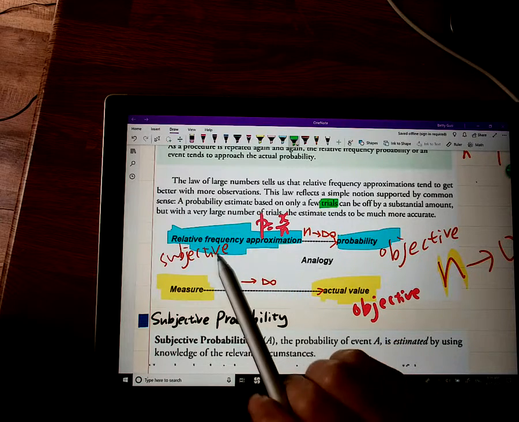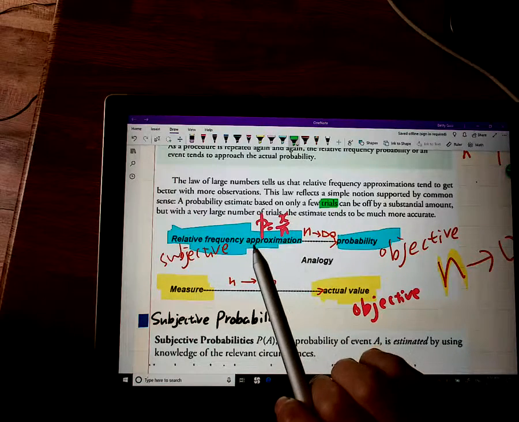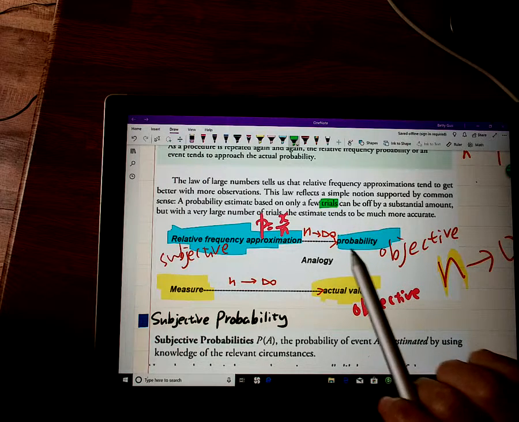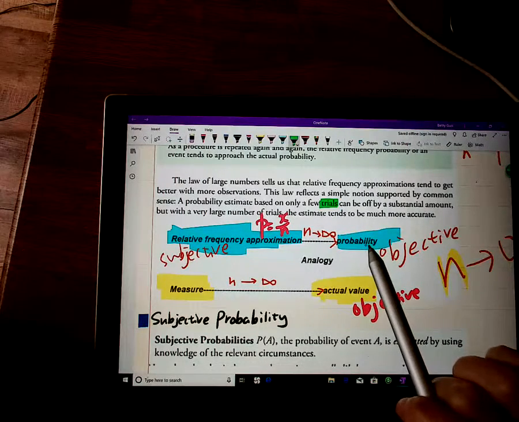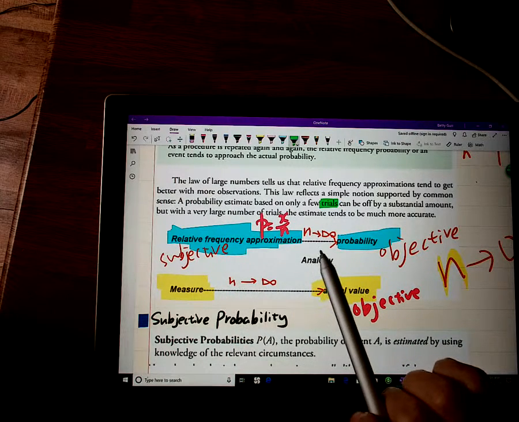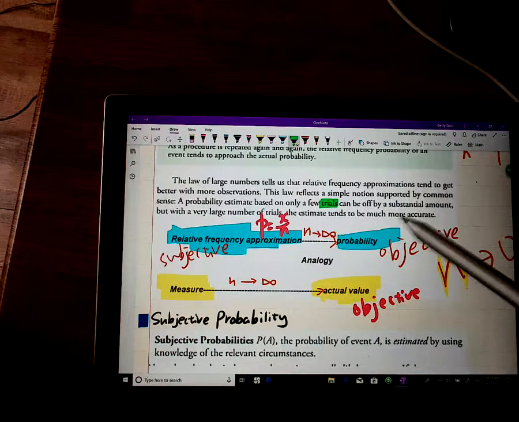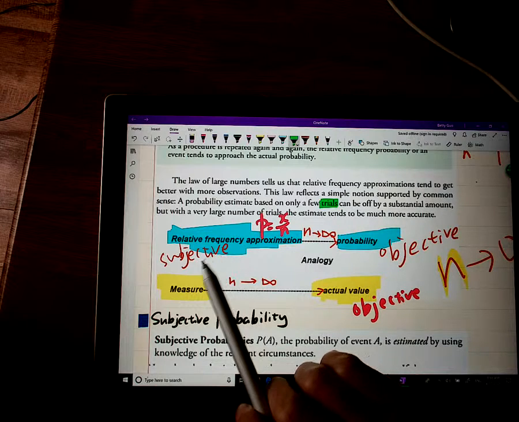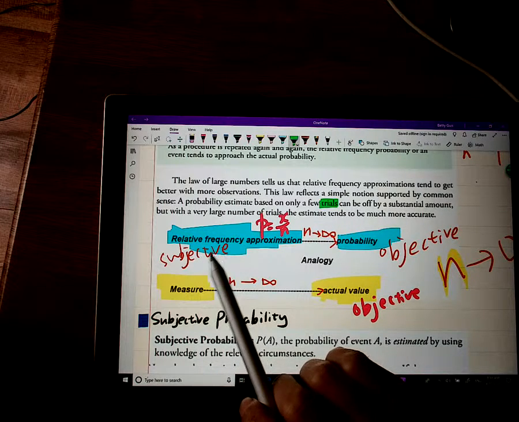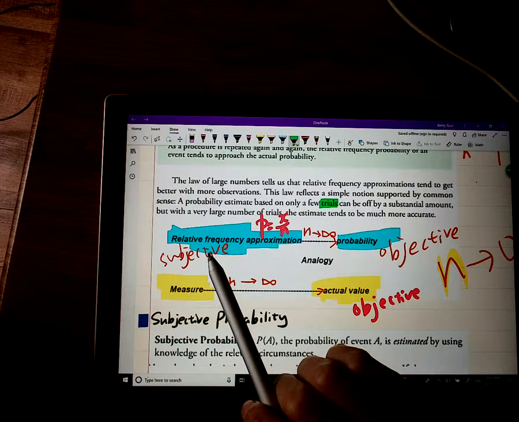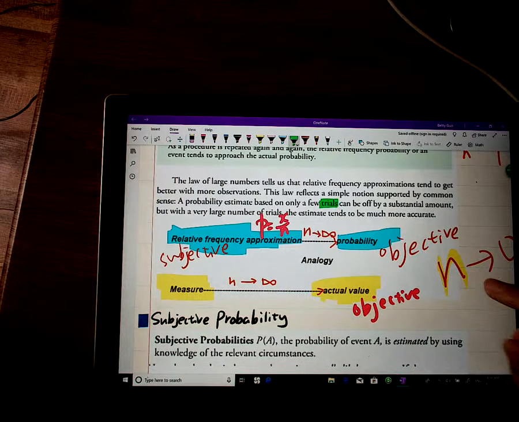If the number of trials is big enough, then the sample proportion would be closer to the actual probability, or the true percentage of smokers in the population. That is the law of large numbers. Again, probability is something objective. Relative frequency is something subjective. It depends on the sample that you got. Your sample might be different from my sample, right? So this is the second probability.